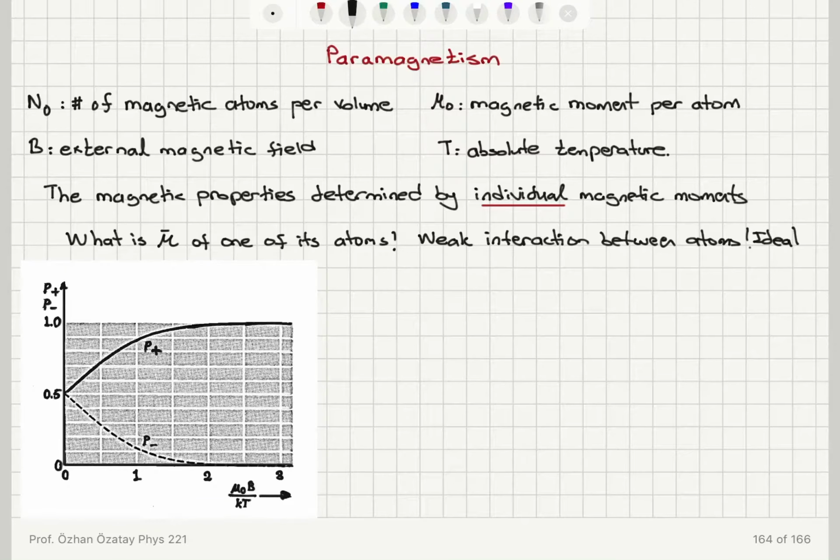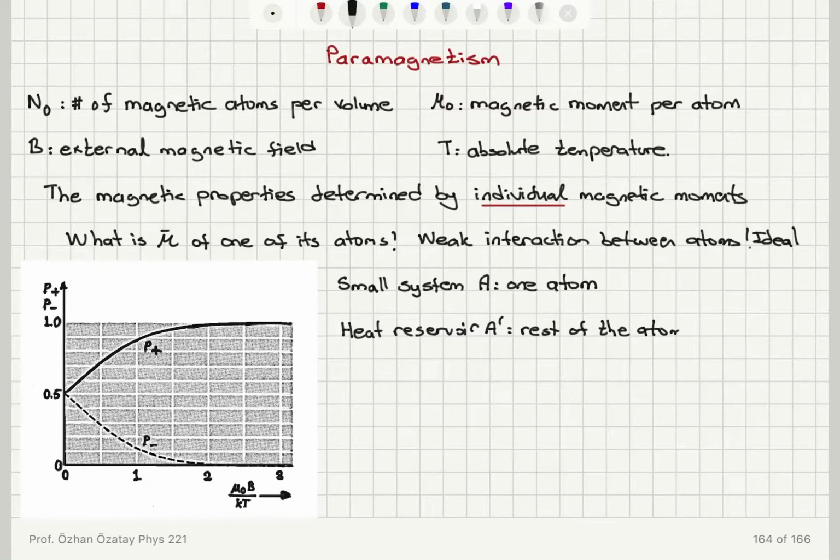So in this discussion we're going to have the small system, system A, in contact with the thermal reservoir is just one atom, because one atom does not care about the neighboring atoms. There is weak interaction, and there's going to be the heat reservoir. Heat reservoir A prime is the rest of the atoms, so it's just a thermal interaction between the rest of the atoms we have here, not a magnetic interaction, because the magnetic interaction is very weak.